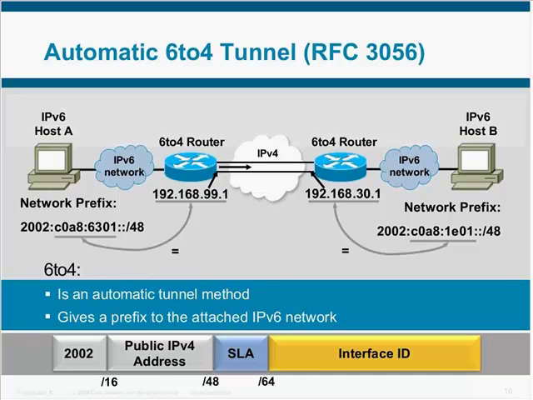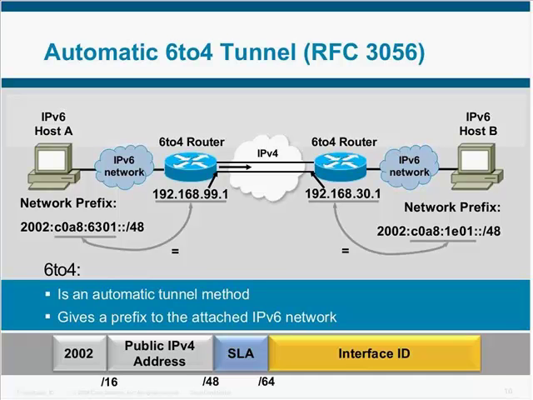Again, we have 192.168.99.1 assigned to the 6to4 router on the left-hand side, and 30.1 to the 6to4 router on the right-hand side. So we will create an IPv6 prefix out of that IPv4 address.